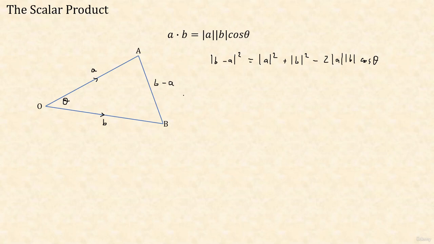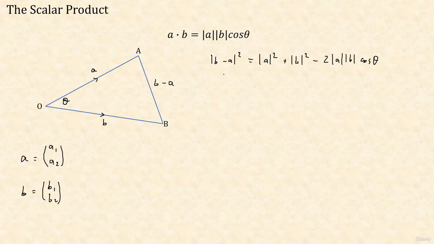So remember that I said we're going to assume these are 2D vectors. So let's say that a is the vector a1, a2, and that b is the vector b1, b2. So let's think what some of these are.